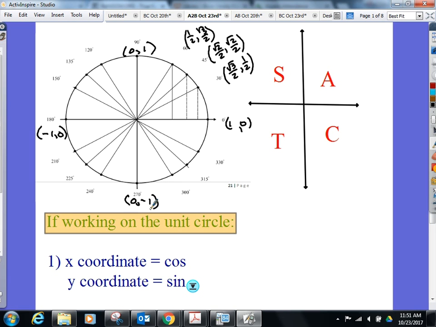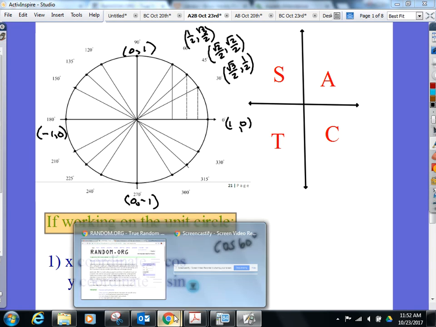Questions on the unit circle before I move on? Okay, if you are on the unit circle, this is what we went over on Thursday as well. If you are on the unit circle, the x-coordinate is the cosine, and the y-coordinate is sine. So let me do cosine of 60.